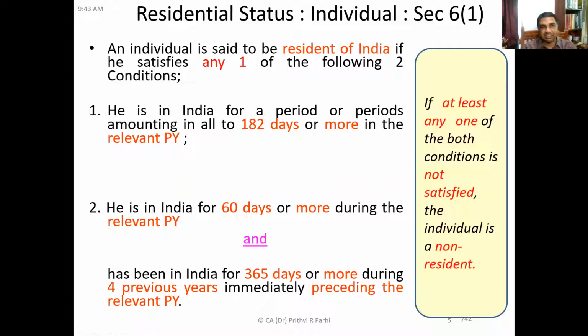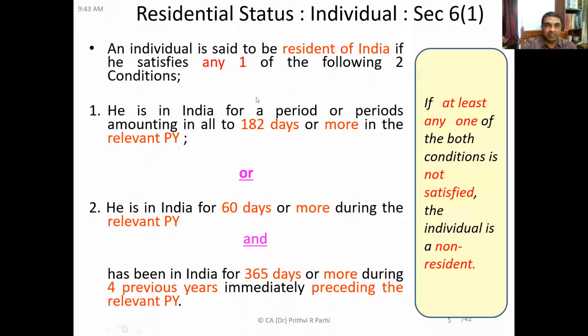The basic condition is: if the individual is in India for a period or periods amounting to 182 days or more in the relevant previous year, then he is a resident in India; or he is in India for 60 days or more during the relevant previous year, and he has been in India for 365 days or more during 4 previous years immediately preceding the relevant previous year.